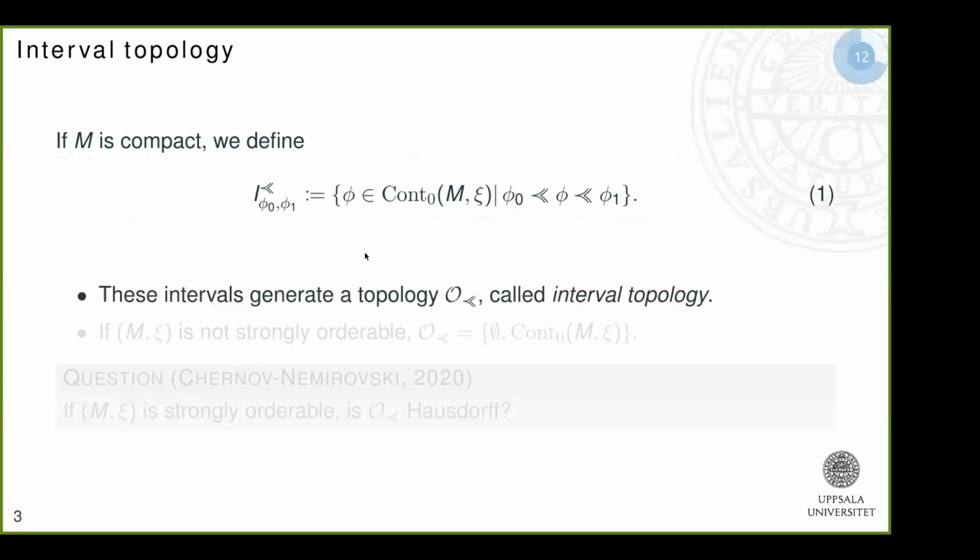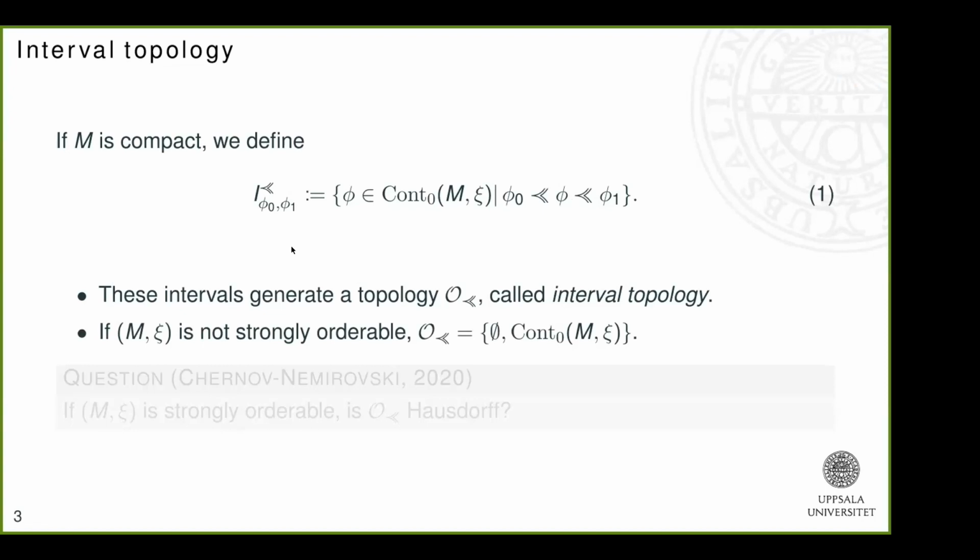And these are subsets of the contactomorphism group, and so they generate a topology called the interval topology. And it is easy to see that if there exists a positive loop of contactomorphisms, then any two contactomorphisms in this group can be connected by a positive path, meaning that these intervals are equal to the whole contactomorphism group, and therefore the interval topology is trivial.